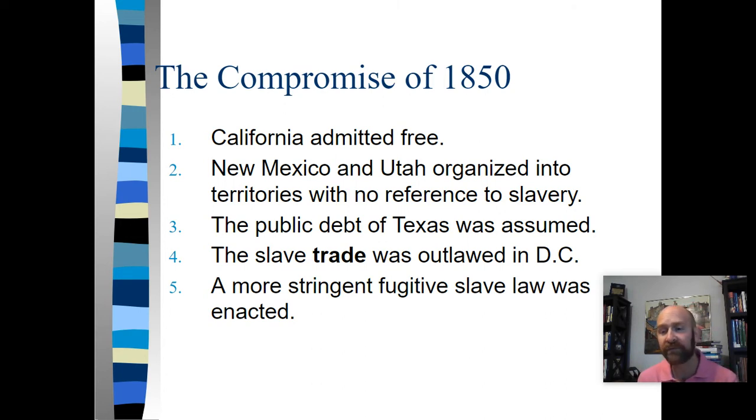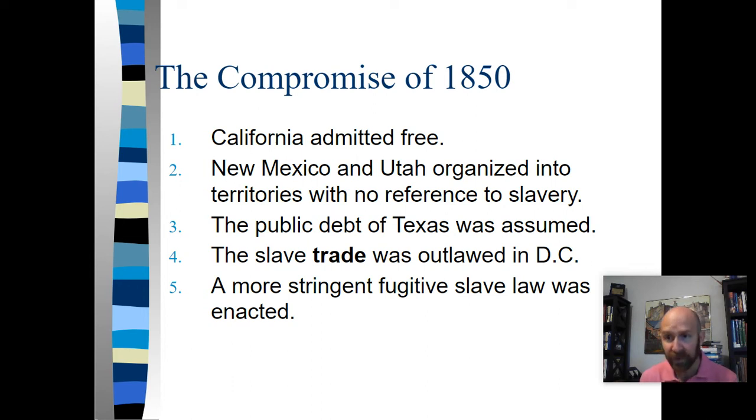One of the biggest complaints of the South is that runaway slaves are property in their minds, legal property in their minds. They run away to the North, and then the North helps hide that property from the rightful owners down in the South. Now, today, we look at it through our 21st century moral compass, and we say, well, yeah, slavery is evil and no way we should hand those people back.